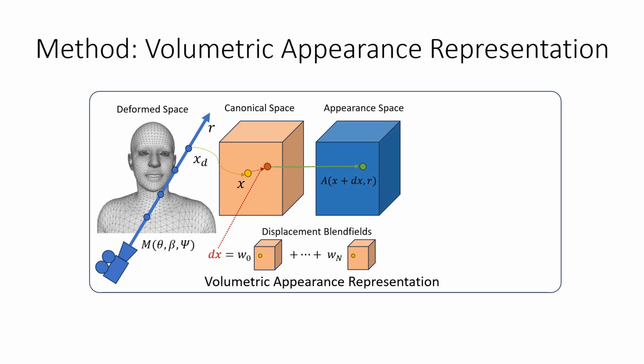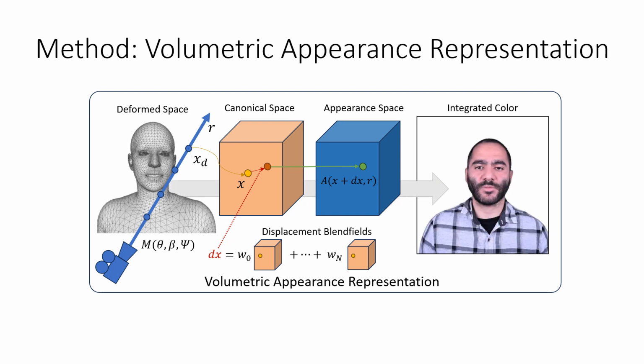The resulting location is then queried by the appearance network A to output the density and color corresponding to that point. These values are subsequently combined for all points along the ray using volumetric rendering to produce the final image.